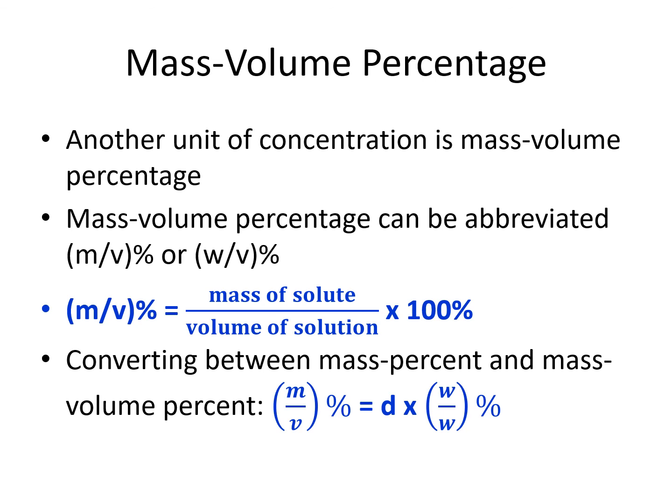That's our whole thing, and then times 100%. So if we want to convert between mass percent and mass volume percent, we can use the following equation. Mass over volume percent is equal to density times mass percent, or in other words, W over W percent.